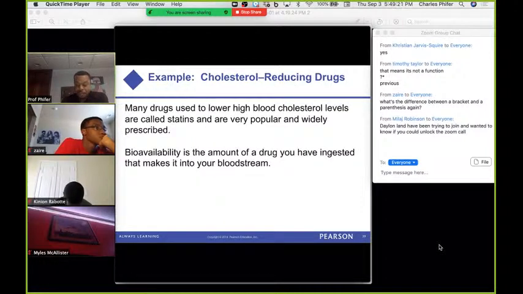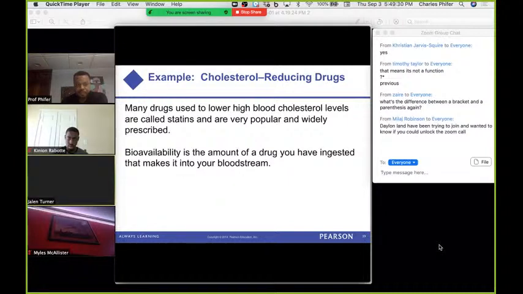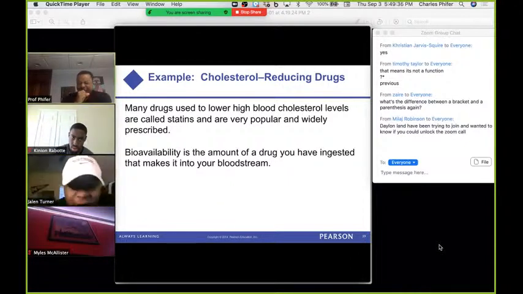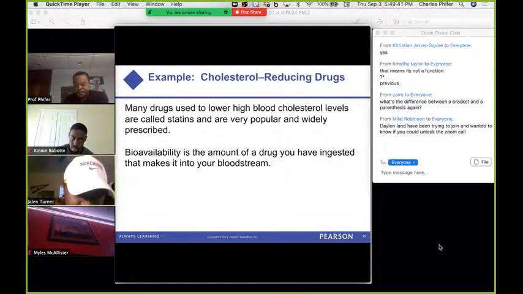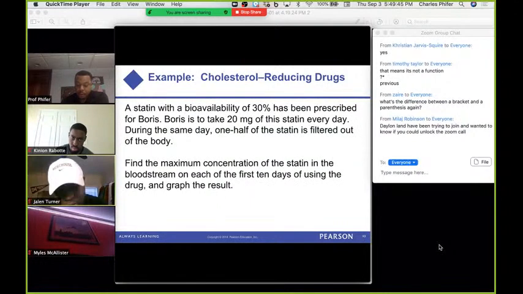Can I get a volunteer to read the slide for me, please? Many drugs used to lower high blood cholesterol levels are called statins, and are very popular and widely prescribed. Bioavailability is the amount of a drug you have ingested that makes it into your bloodstream.